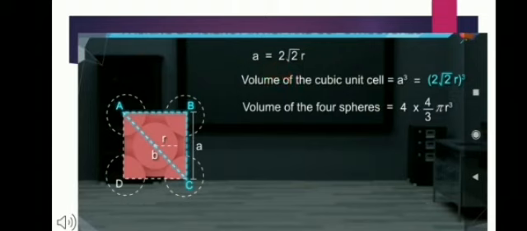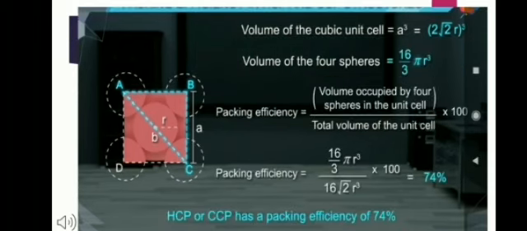So now the volume of the cubic unit cell is a cube. By putting the value, it is 2 square root of 2 r whole cube. Now we know in the face-centered cubic unit cell there are 4 atoms, so the volume of the 4 spheres will be 4 into 4 by 3 pi r cube, that will be equal to 16 upon 3 pi r cube.